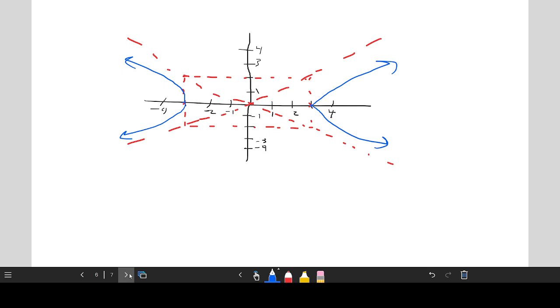Let's practice writing the equation. So here we have a hyperbola, and we have the branches opening to the left and to the right. So already we know that the x term is going to come first. So already we know it's going to look like this because the branches open left and right, except that should be subtraction because it's a hyperbola.